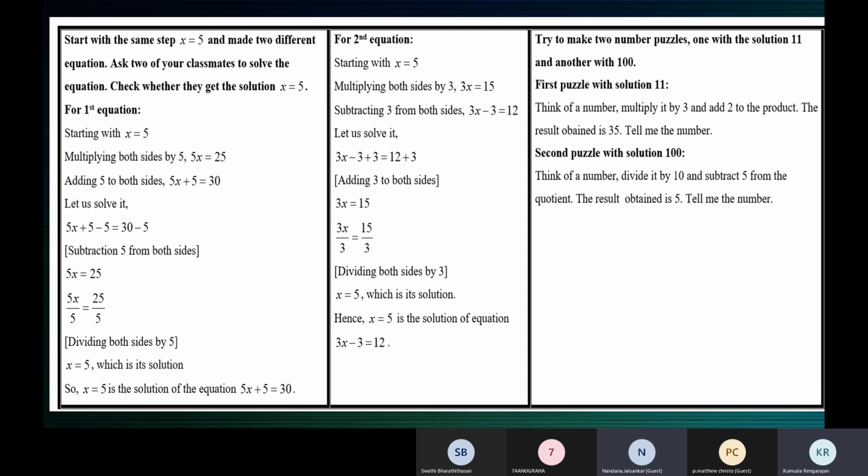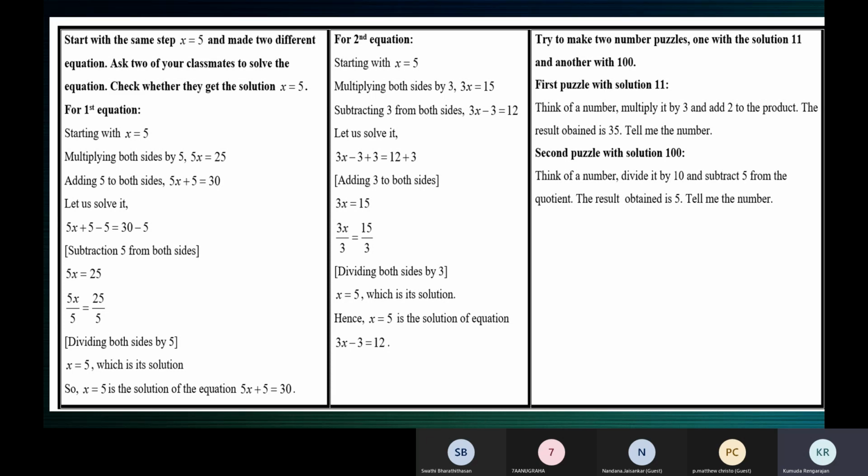One minute. The thing is, you're constructing a general equation. Here you should construct an equation where the answer will be 11 or the answer will be 100. I'm saying your solution is not 11 or 100.